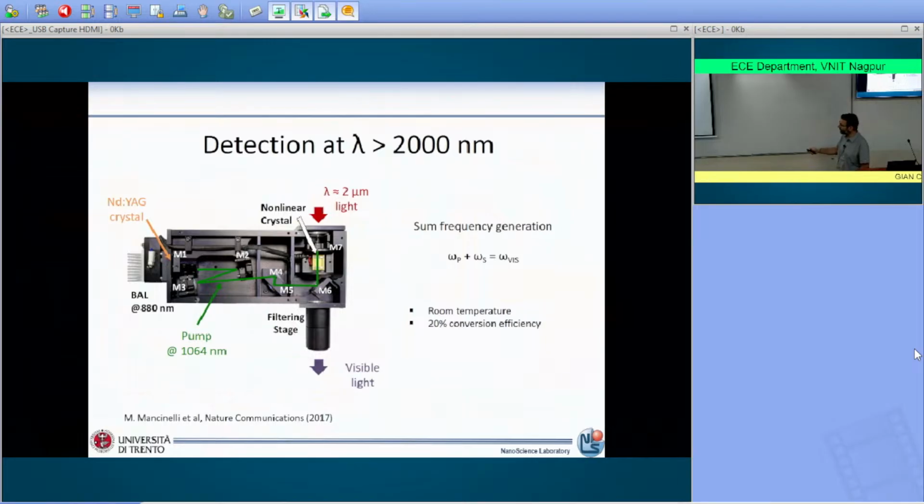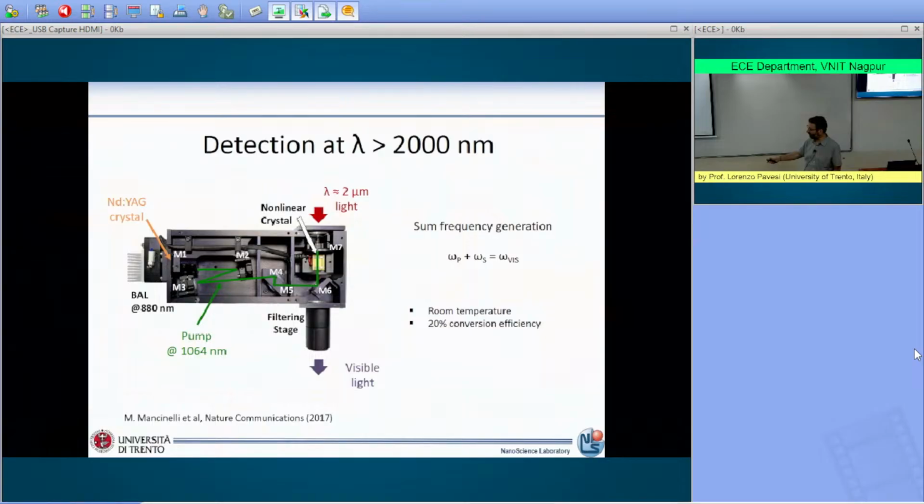This is the detector that we have fabricated. Here you have the pump laser. The laser is pumping the nonlinear crystal, and in the nonlinear crystal you have the sum frequency generation effect, with conversion efficiencies of 20%. Okay? The result is quite appealing.